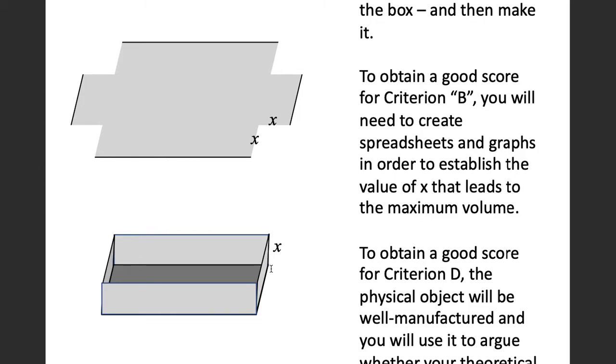So the height of the box is X. The width of the box that way is, depending on whether you want to call one of them width and one of them length, but let's call this the width.